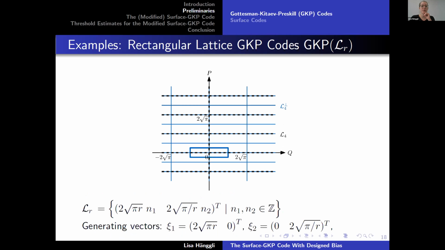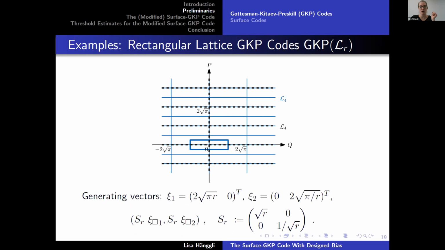One thing I would like to mention here is that one can get the rectangular lattice by applying a symplectic matrix S_R, given here, to the square lattice. This is actually a more general concept, namely symplectic transformations leave the integrality condition of the lattice invariant.